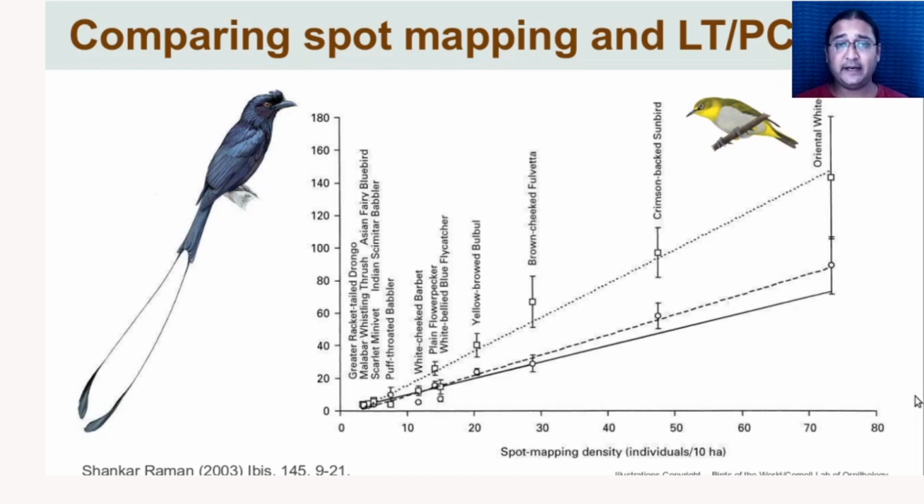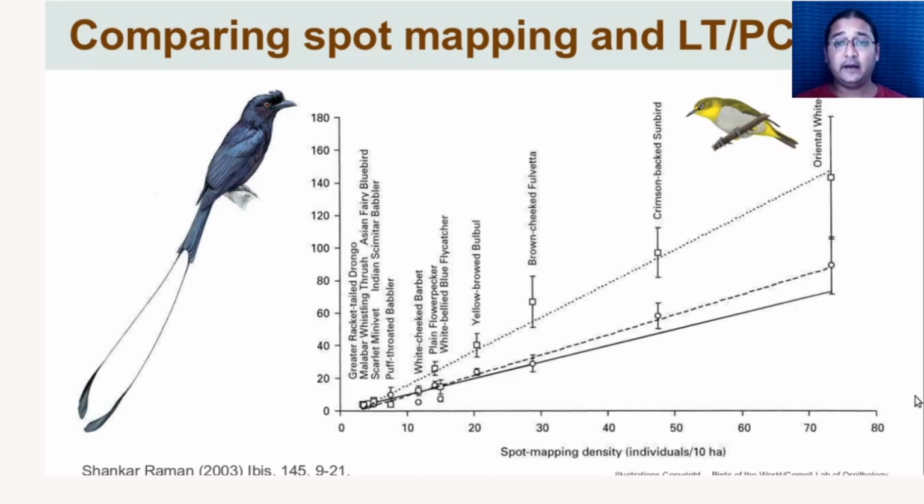So, you have spot mapping density of individuals on the x axis and the densities from point counts and line transects on the y axis. If these densities were identical from the point counts, the line transects, and the spot mapping, what you would see is that all of these points would lie on that dark black line. Each of these points represents the density estimate of a certain species.